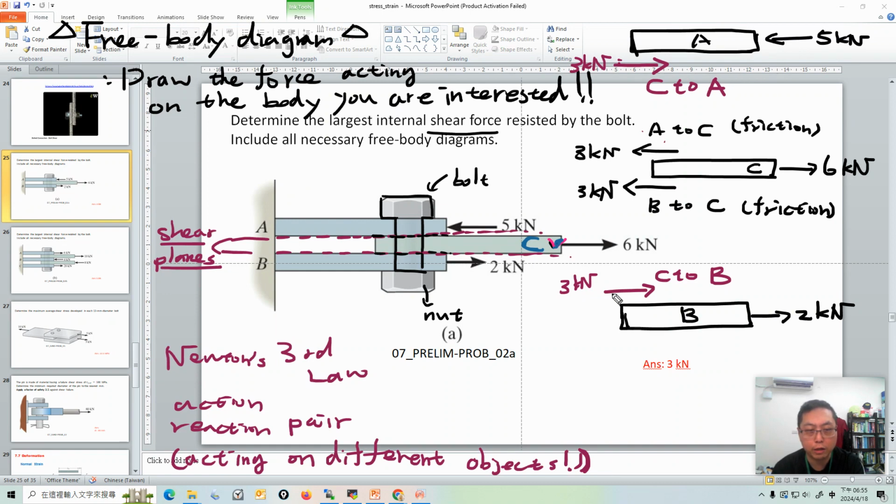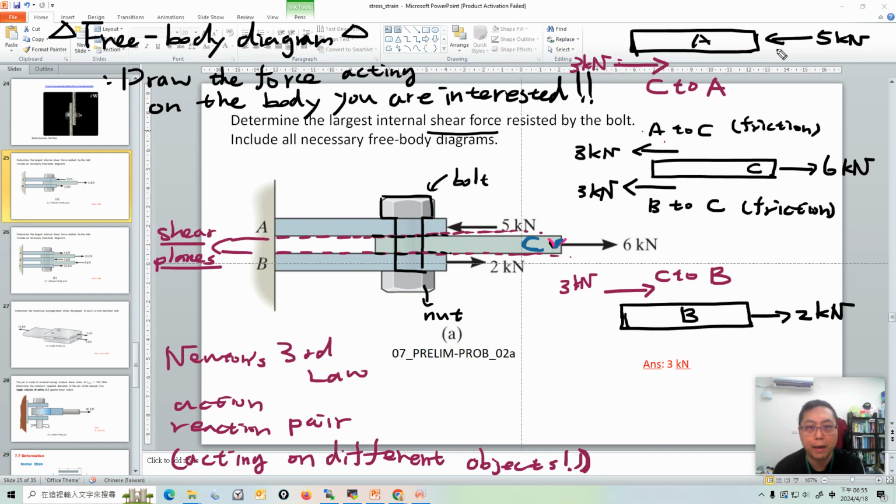Here 3 kilonewton to the right and 2 kilonewton to the right, also not balanced. In mechanics of materials everything is static, so there must be some force acting on A to balance this system, and also a force acting on B.